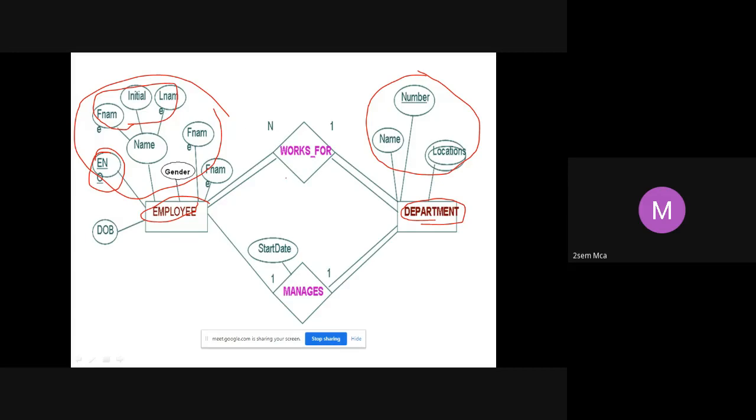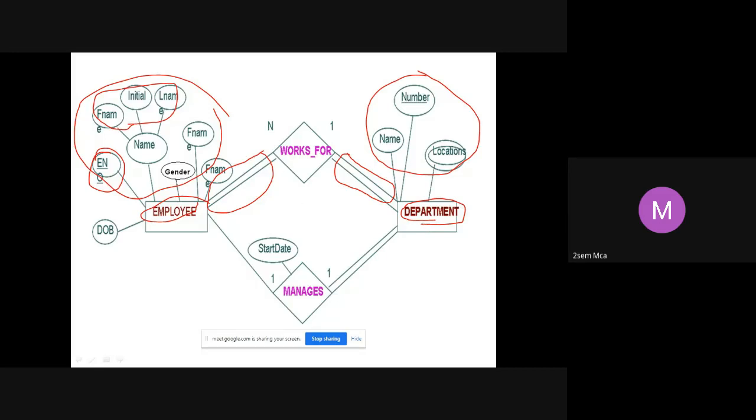Employee works for department. That is one relationship. How am I relating every employee? We see here we have a double line. Double line means what? Total participation. I told you in the last lab class. Here also we have a double line. Double line means total participation. Total participation means what? Every employee should work for some department.